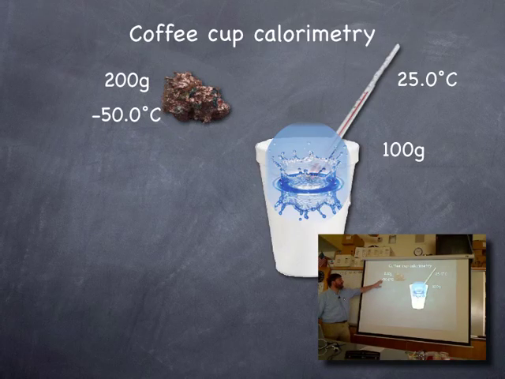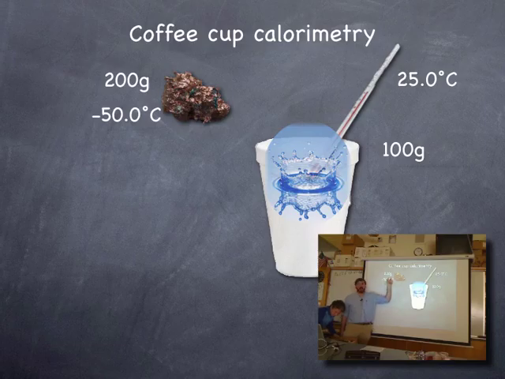So if we have a chunk of copper, say 200 grams, nice and cold, brought out of a deep freeze commercial freezer, it's at negative 50 degrees Celsius. Your home freezer gets to maybe 10 or 15 degrees below zero, but a high-powered commercial freezer can easily do this for us.